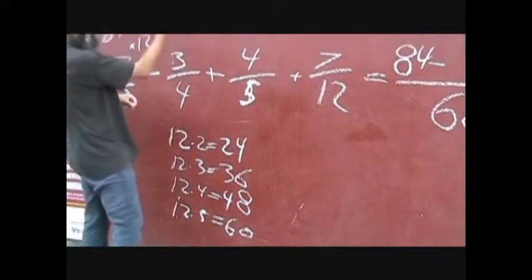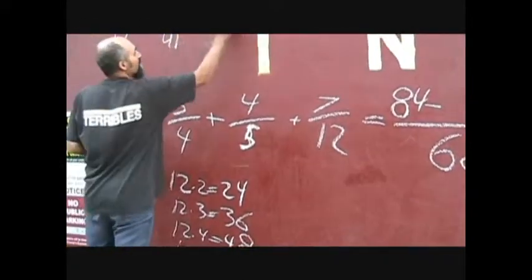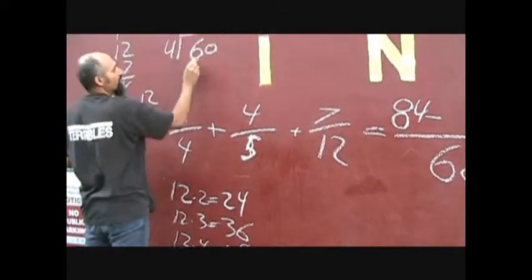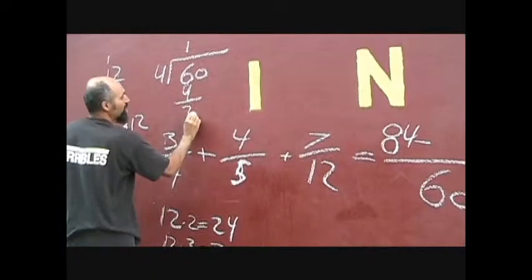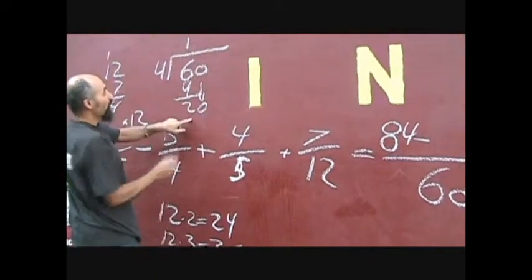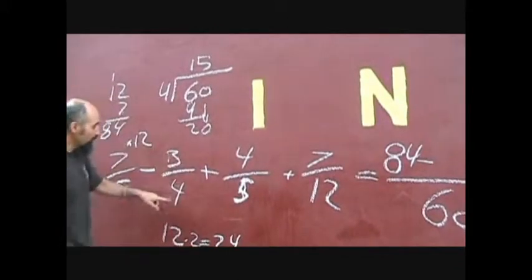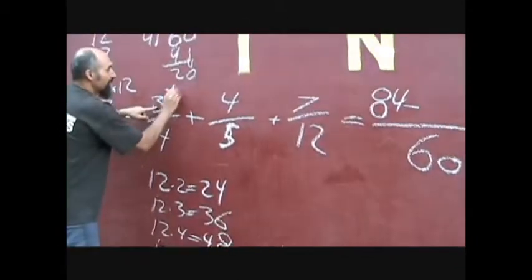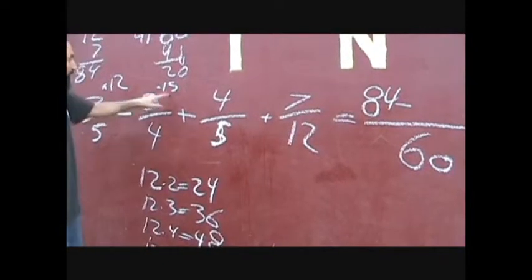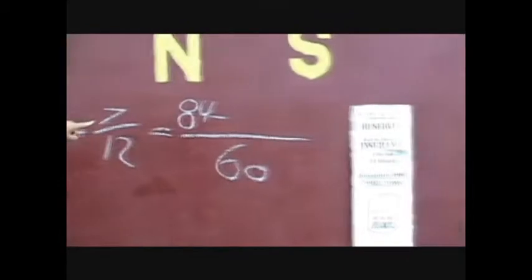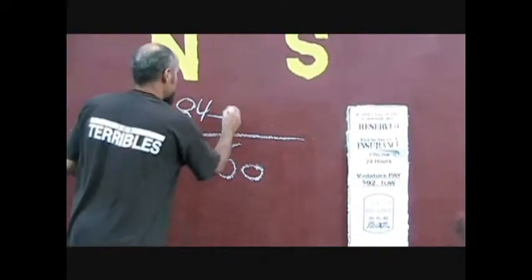Well, I'm not sure, so let's do a division. 4 goes into 6 once. Bring the 0 down. 4 goes into 20 five times. So you multiply 4 by 15. So what you've got to multiply 3 by is 15. 3 times 15 is 45. So it's minus 45. So right now we've got 84 minus 45.